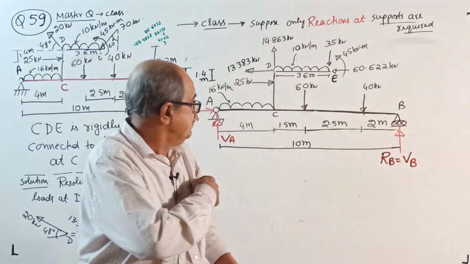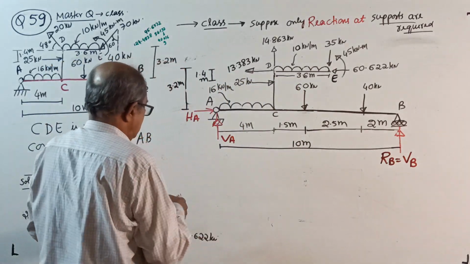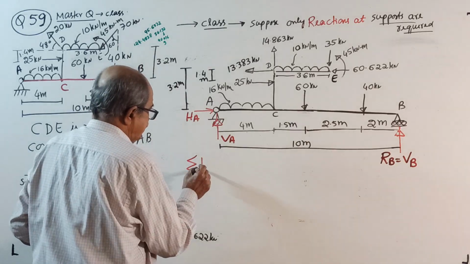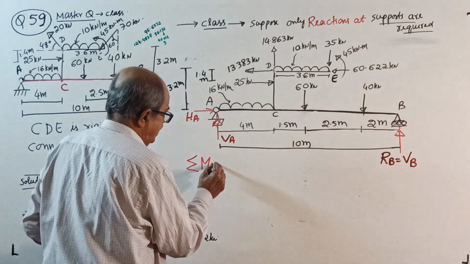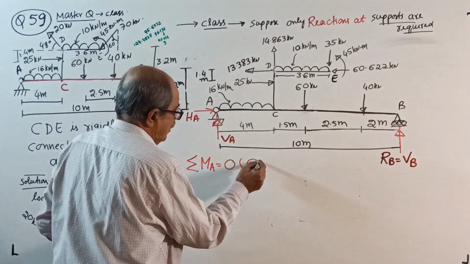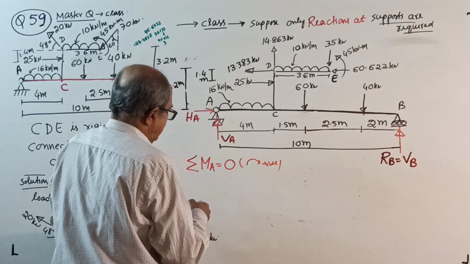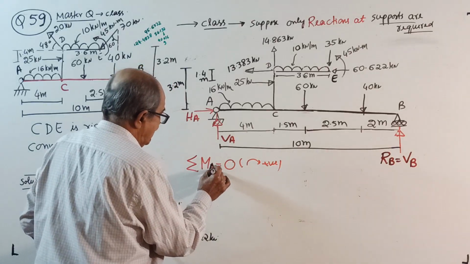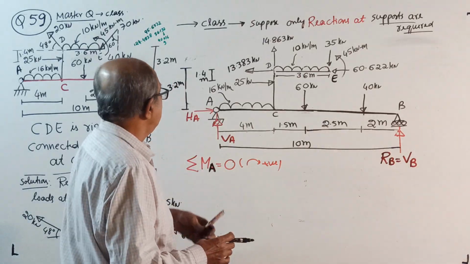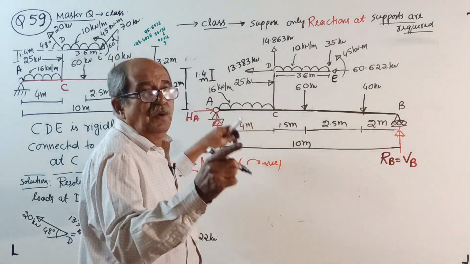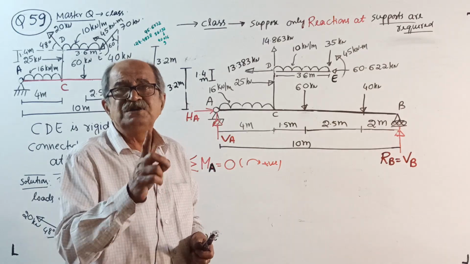First step, as usual, sigma M about A equals zero, taking clockwise as positive. Today's class is actually a lengthy class. Why moment about A, I will not tell; it has been told thousands of times. But one last time I will tell.